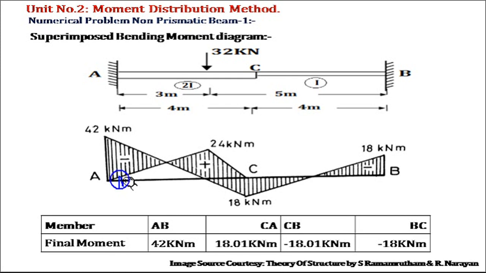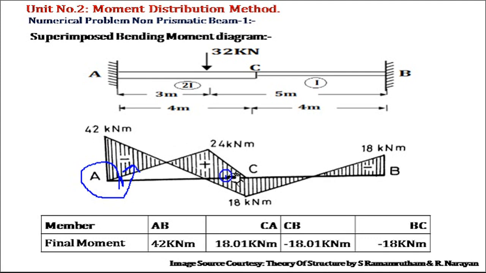So rotate the joint A in anti-clockwise direction. Keep the plane in member AC nearer to joint A. Now here we have to rotate the joint A in anti-clockwise direction and it should cut the member AC once. Now this value 42 is above the joint A.